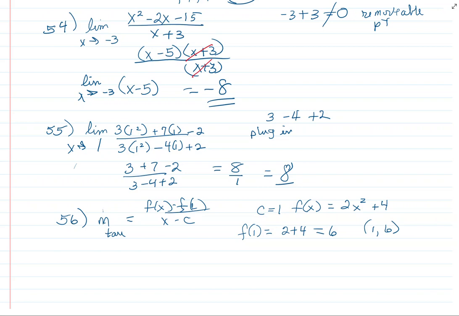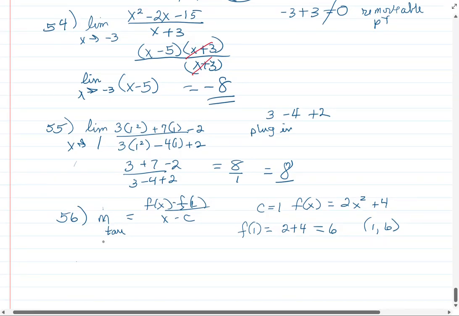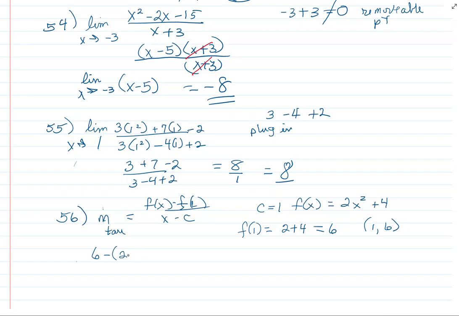And I'm going to have 6 minus the 2x squared plus 4 divided by the 1 minus x. And that's going to give me a negative 2x squared minus 4 plus 6 all over 1 minus x. All right. This is going to give me a negative 2x squared plus 2 over 1 minus x.